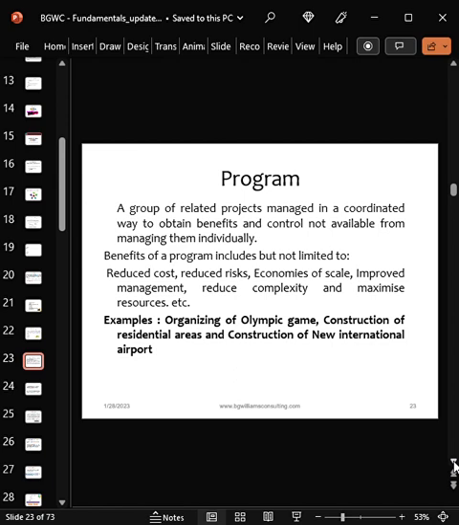Related projects, which means if you are in an environment where you are embarking on a collection of projects that are related, but we are managing them in such a way that we want to obtain benefits by managing them together, which we will not automatically get if we decide to manage them individually. That becomes a program. Now, a program is managed to obtain business benefits.